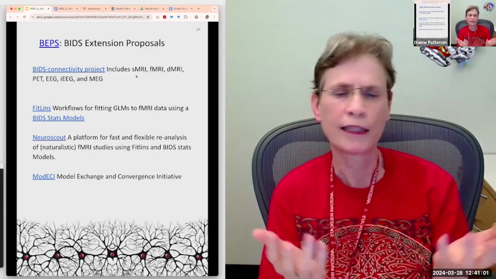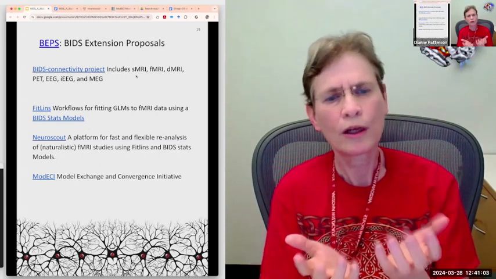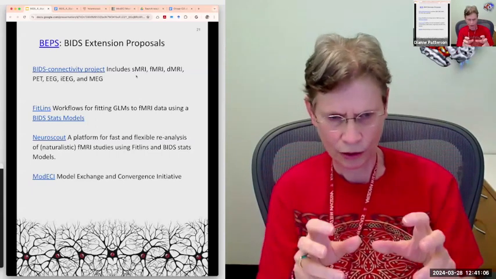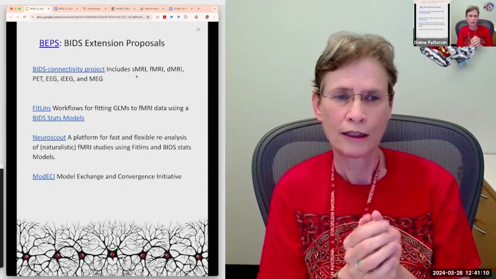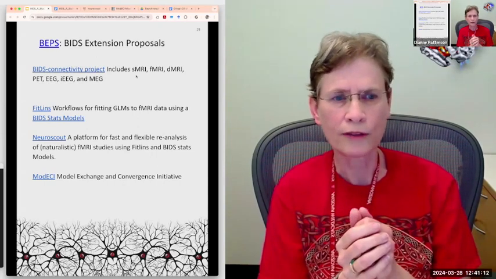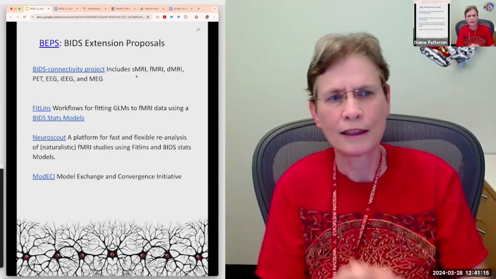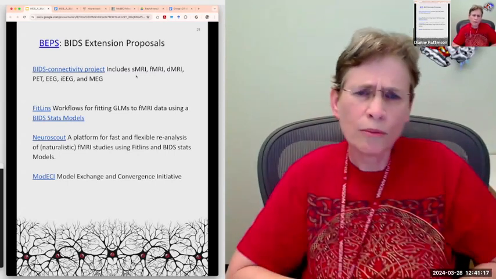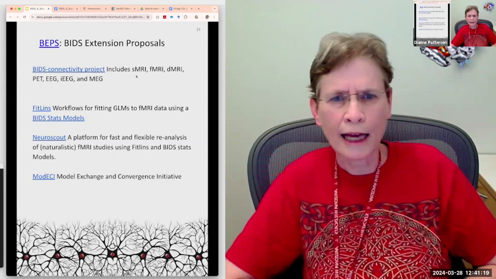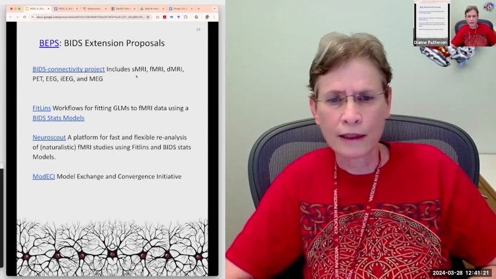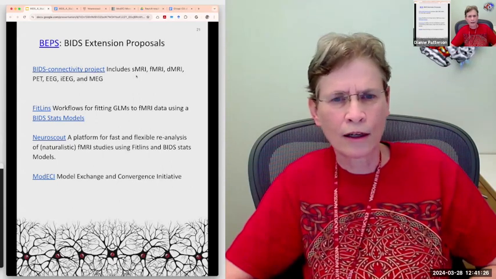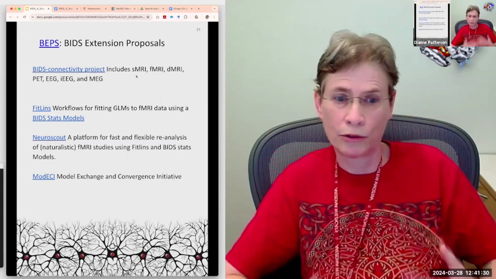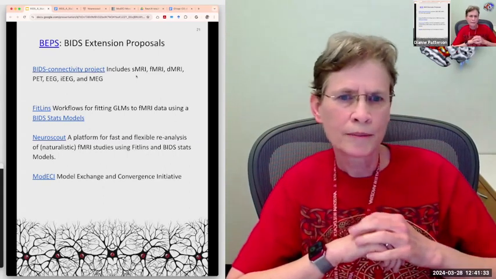Every tool, AFNI, has its own way of doing it. So they want one way to express these models, store these models, that's shared by all different kinds of tools, and FitLens is an example of this. I should point out that MRI-QC and fMRI prep and FitLens all come out of the Poldrack lab at Stanford, and they are sort of a major force in continuing to support and push BIDS.